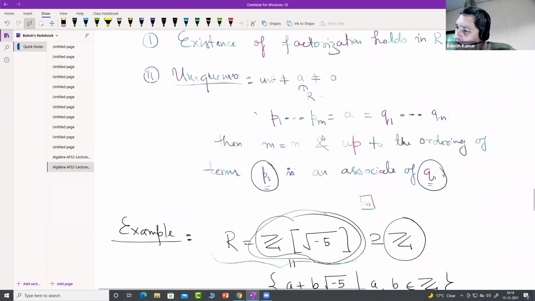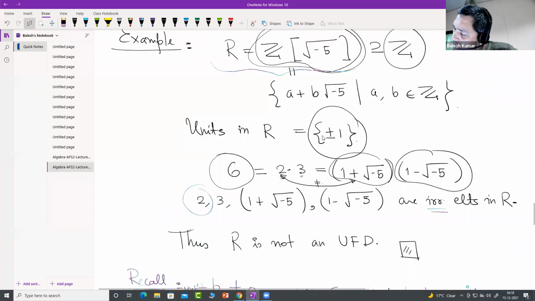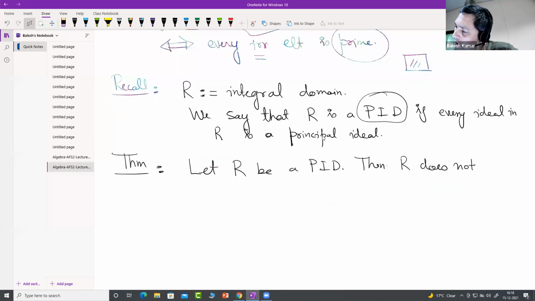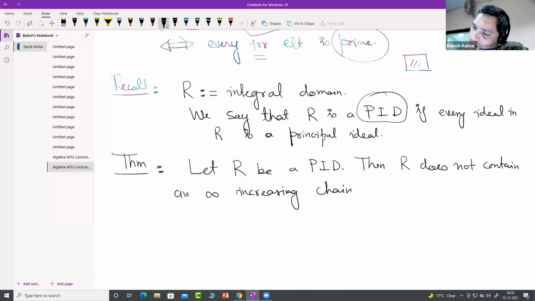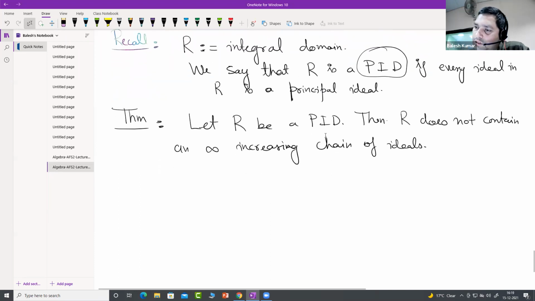So this will automatically say that any principal ideal domain has the existence of factorization property.